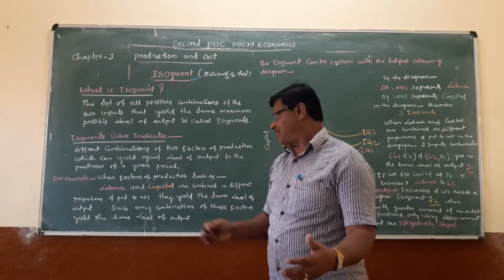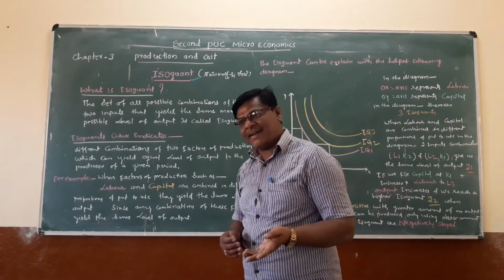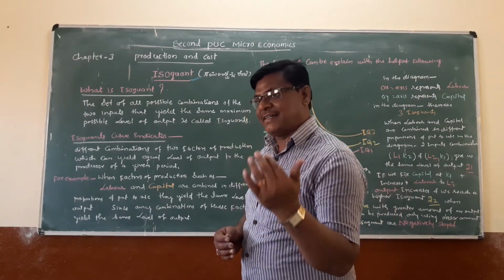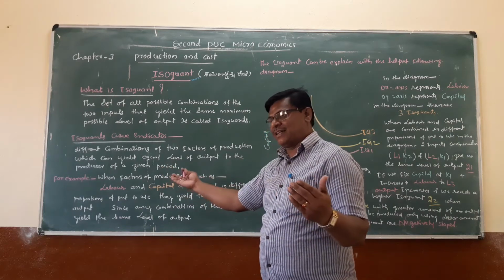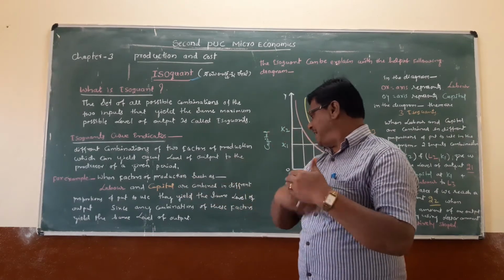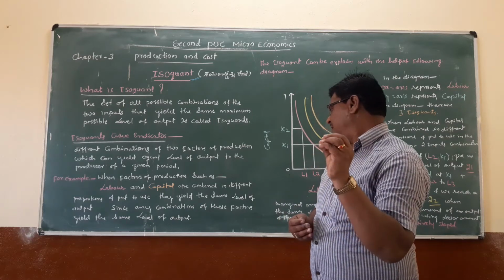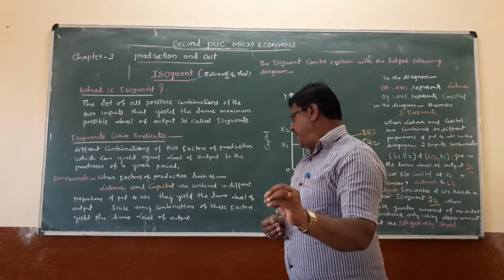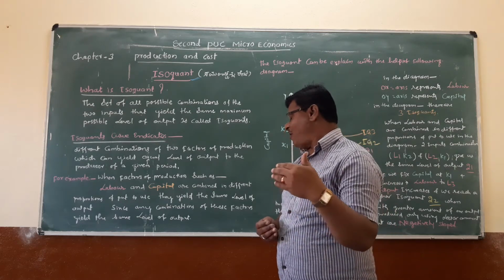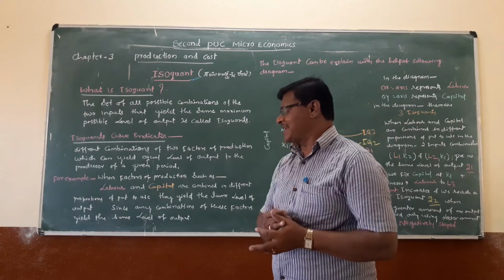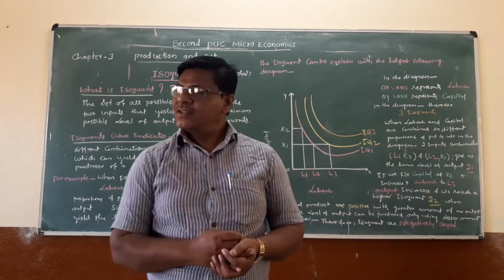For example, when factors of production such as labor and capital are combined in different proportions and put to use, they yield the same level of output. Since any combination of these factors yields the same level of output, it is called the isoquant.